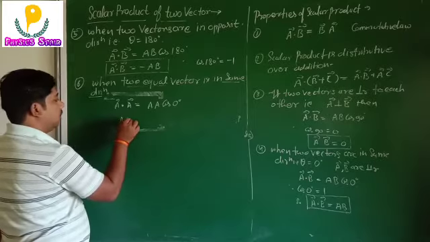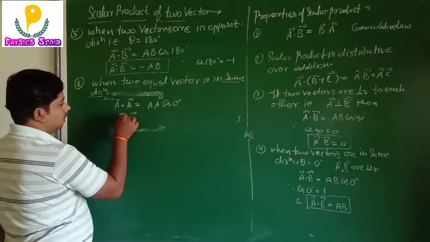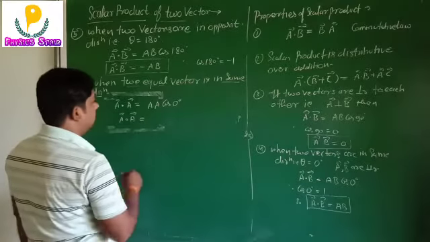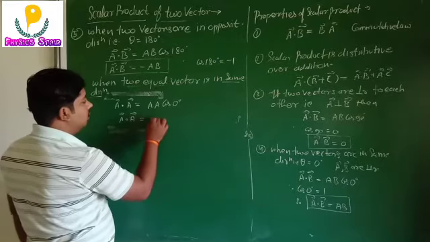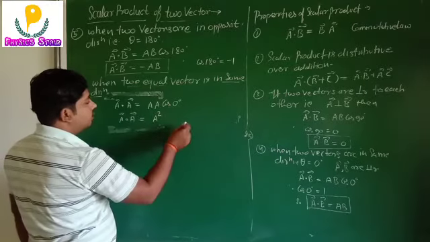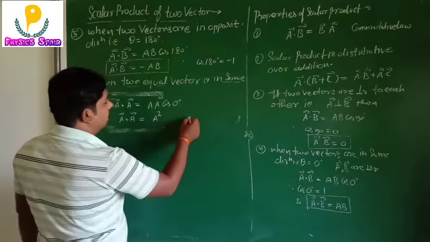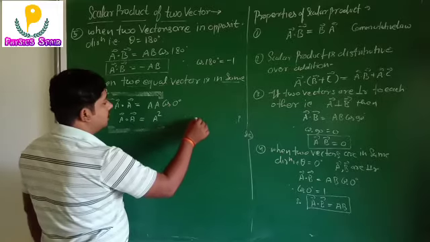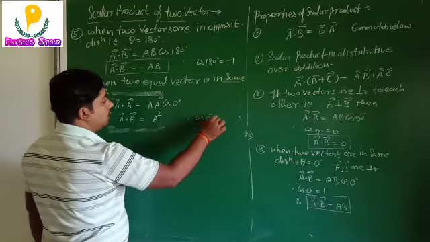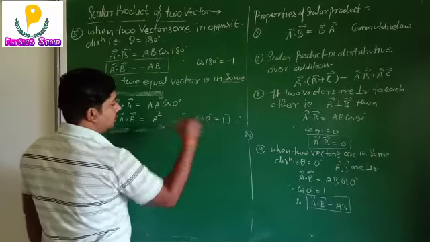Since cos 0 is equal to 1, this will be A square.